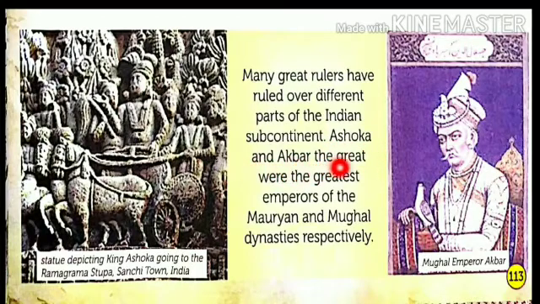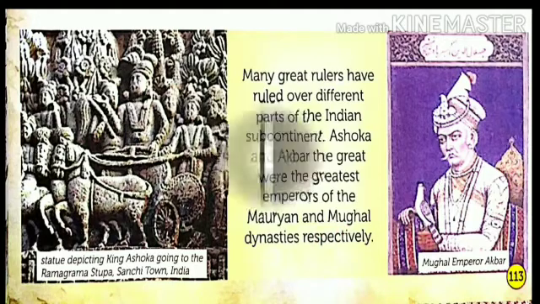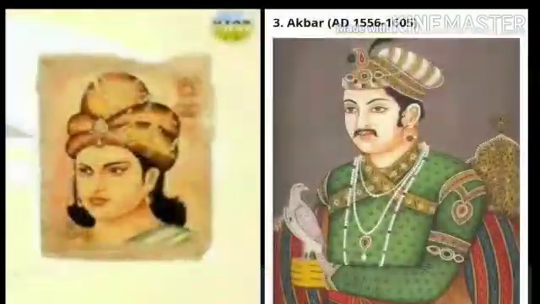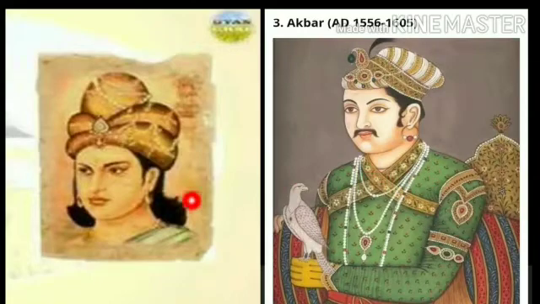Ashoka and Akbar the Great were the greatest emperors of the Mauryan and Mughal dynasties respectively. Now children, here is the picture of great emperor Ashoka and great emperor Akbar. Both were great emperors of their time periods.